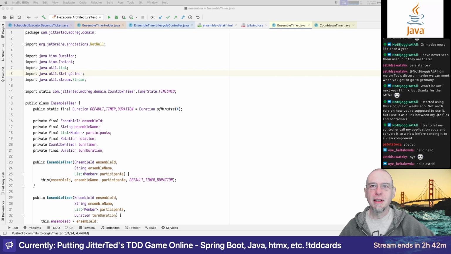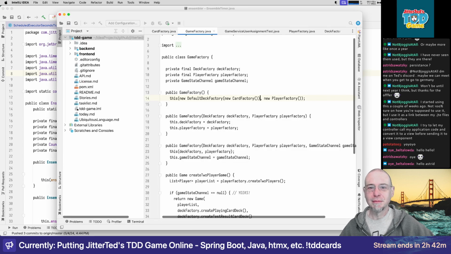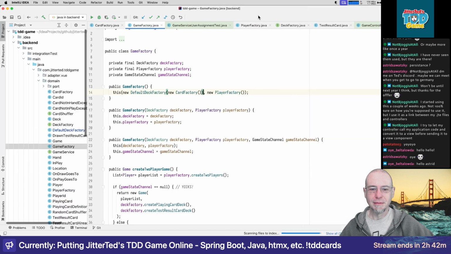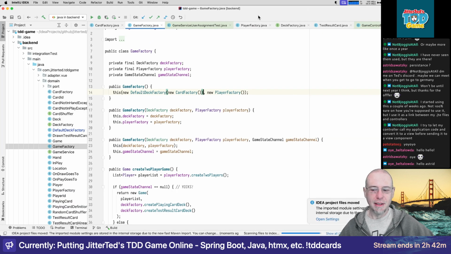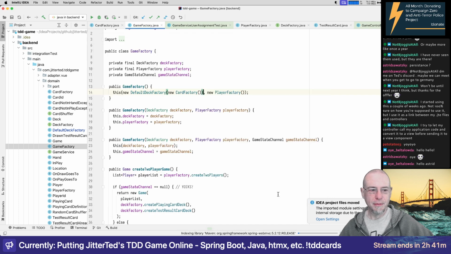There it is. I have not modified this since February of '23. Let's let this load. What's updated? Some plugins. Yeah, I don't care about those.